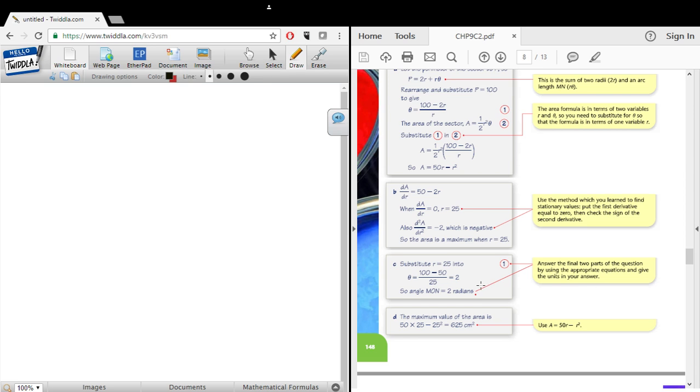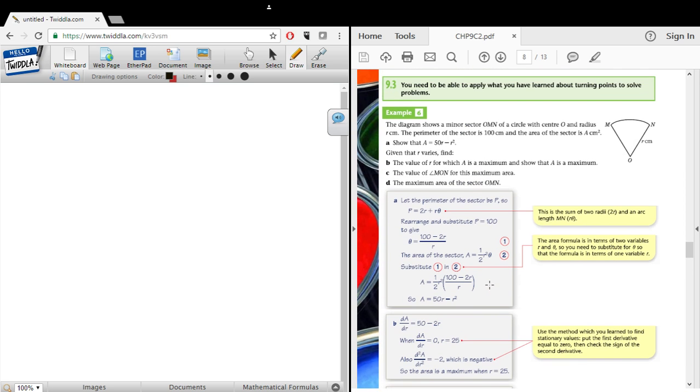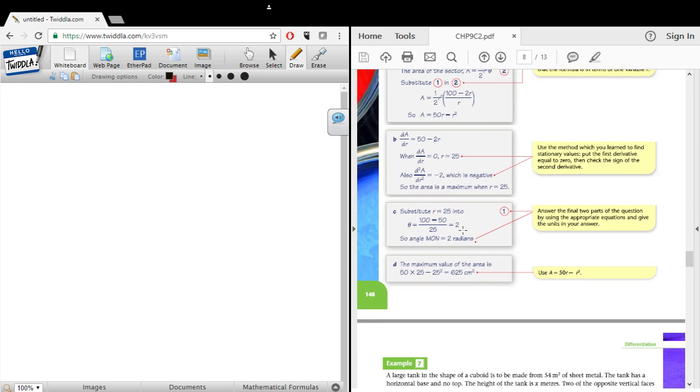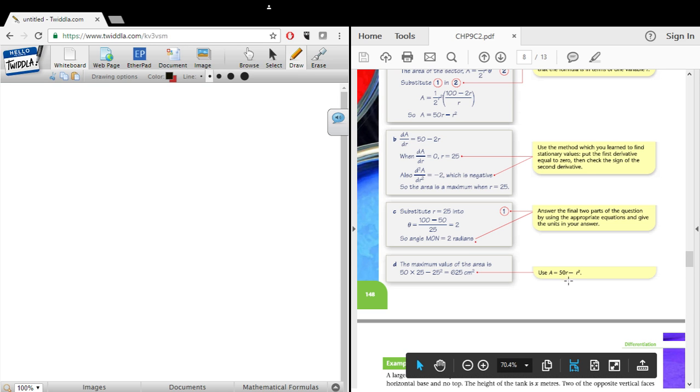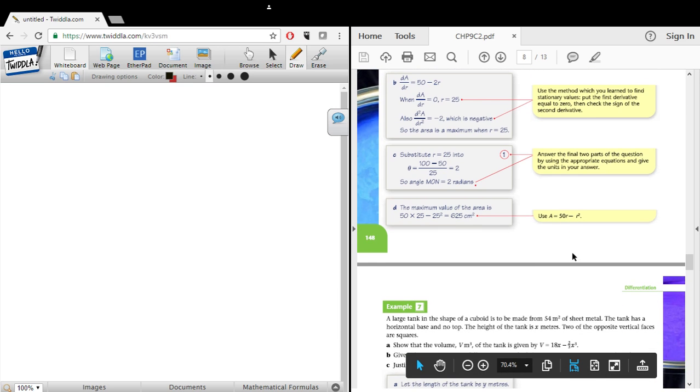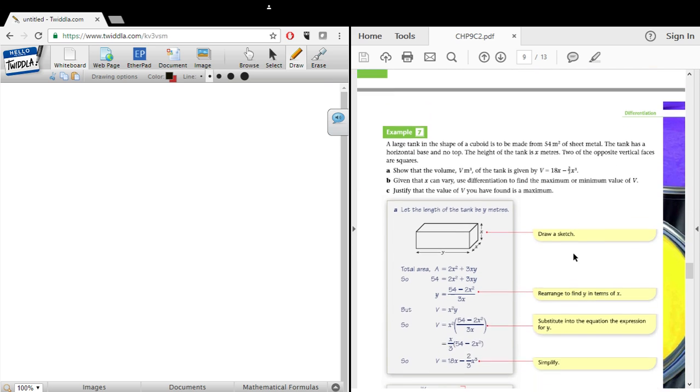Now C, substitute r equals 25, so the value of the angle for this maximum area, and you get this particular value because we have the equation for the angle and all the information that is required. And then we can find the maximum value of the area again by using this formula.